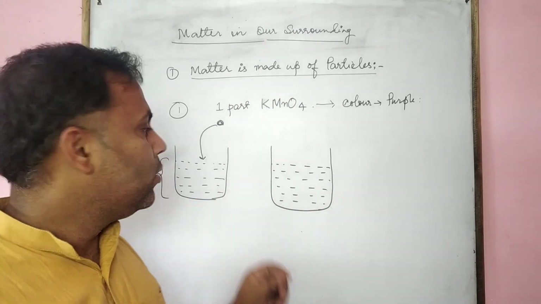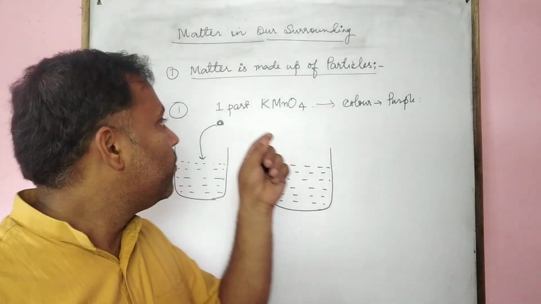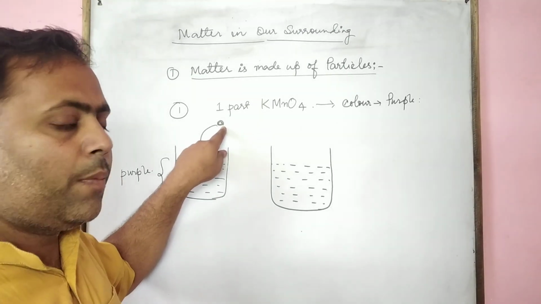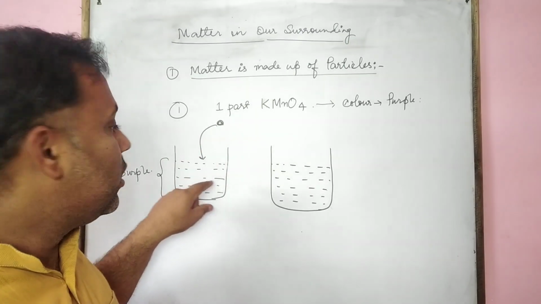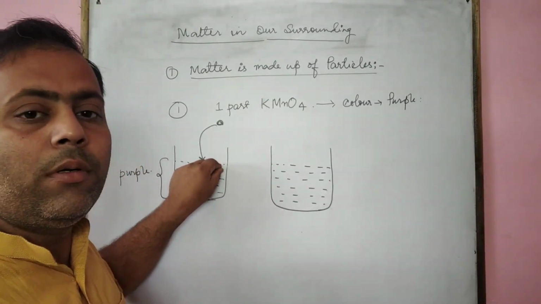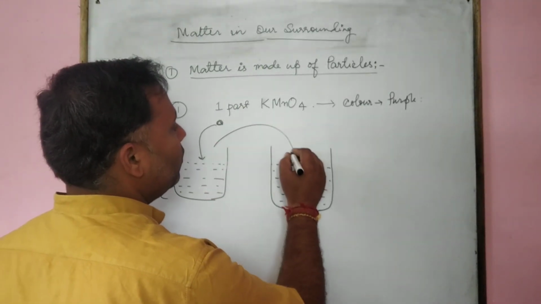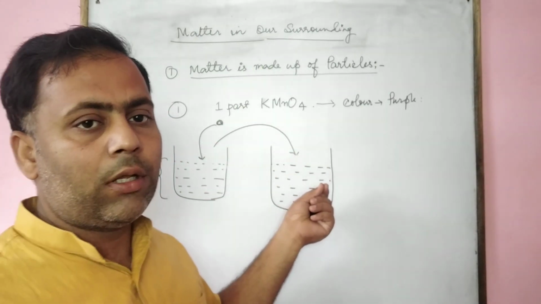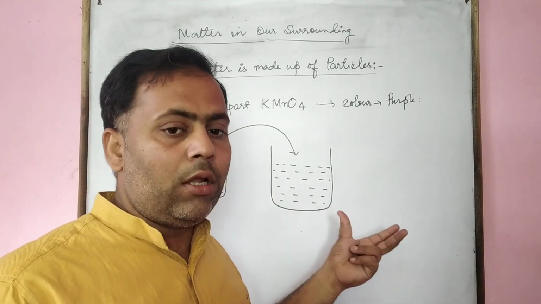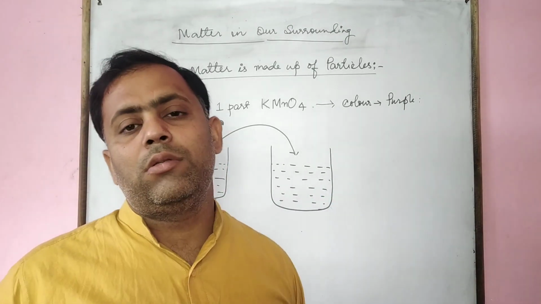Why is it so? The first one, what we have taken, is a small particle. When we dissolve it, it is broken down into various small particles. Next, when we take a few particles and dissolve them in the next water, which we have taken in the next beaker, it is again broken down into smaller and smaller particles and distributed throughout the solution.